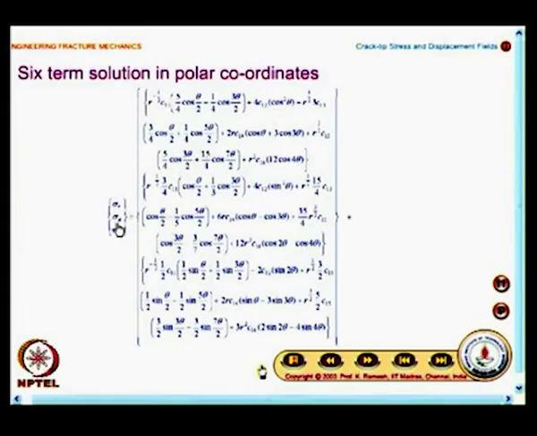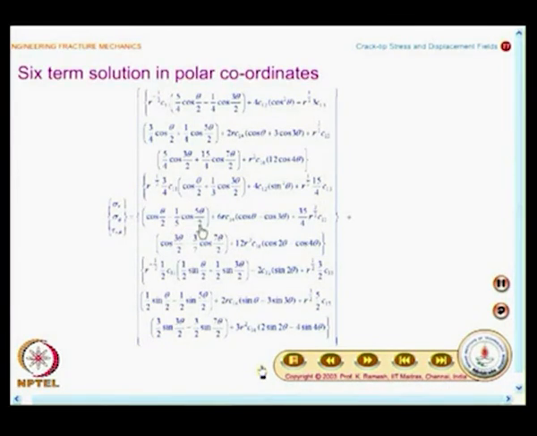And you have the expression for sigma theta, that turns out to be r power minus half 3 by 4 C11 cos theta by 2 plus 1 by 3 cos 3 theta by 2. The second term is 4 C12 sin squared theta plus r power half 15 by 4 C13 multiplied by cos theta by 2 minus 1 by 5 cos 5 theta by 2.